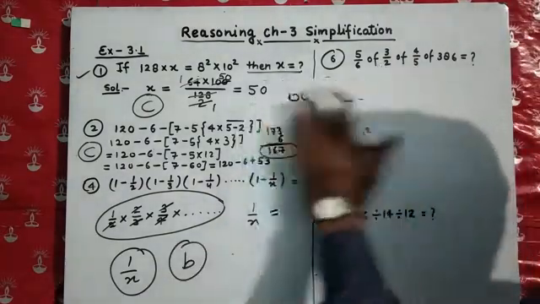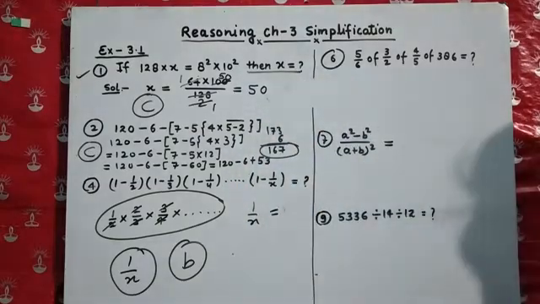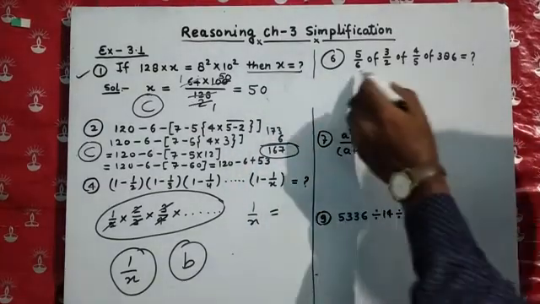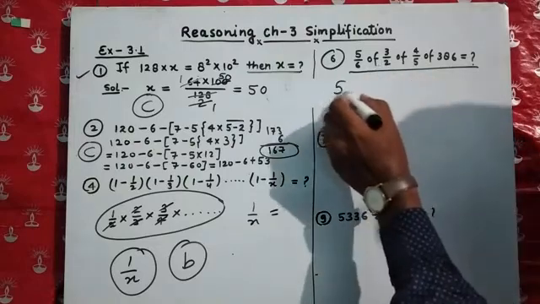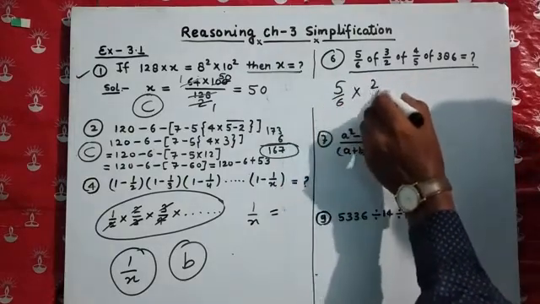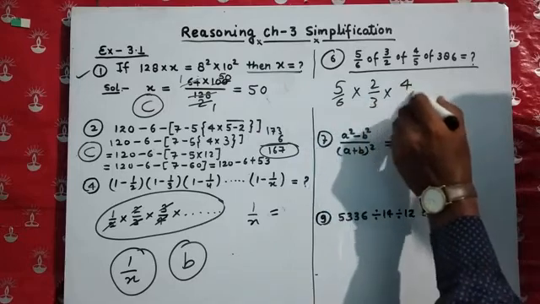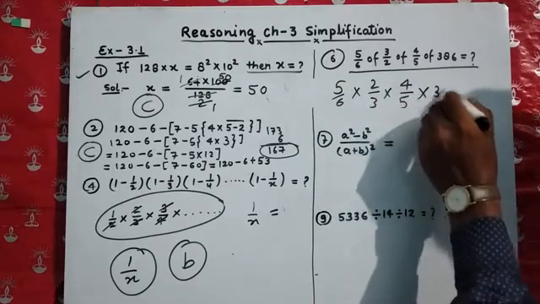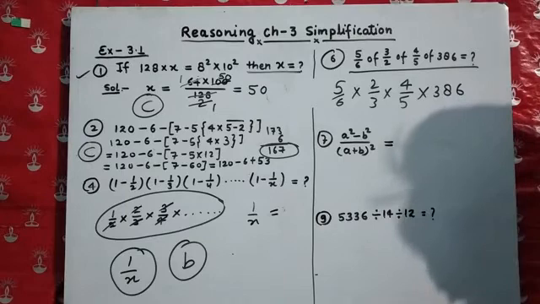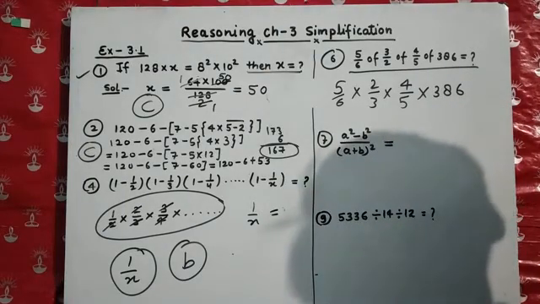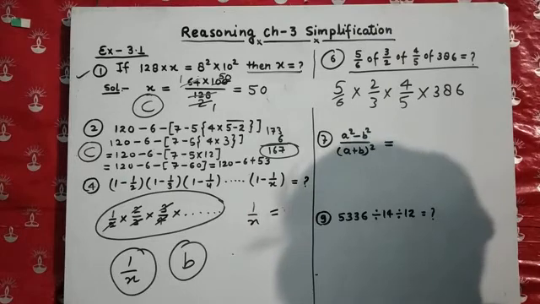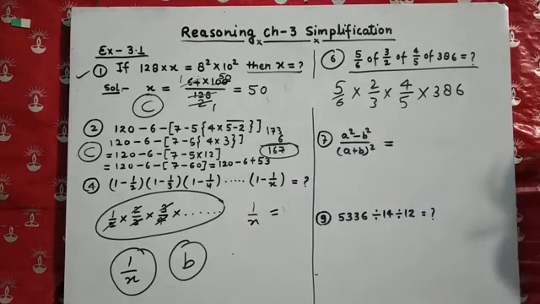Now going to question number 6. This is based on the BODMAS rule and we have to remove the 'of'. So it means 5 by 6 multiplied by 2 by 3 multiplied by 4 by 5 multiplied by 386. Now we have to divide and check whether it is divisible or not.